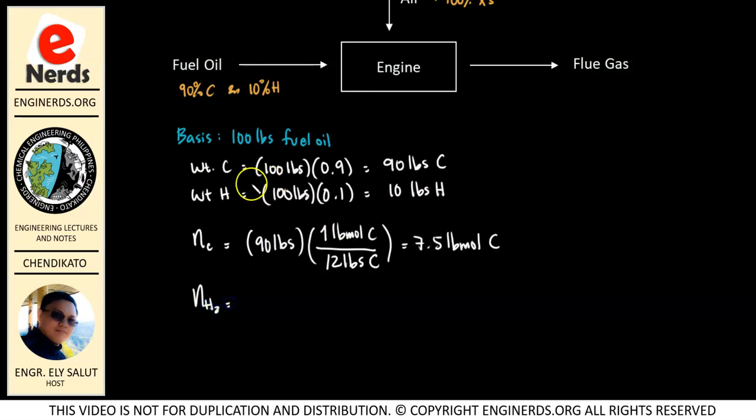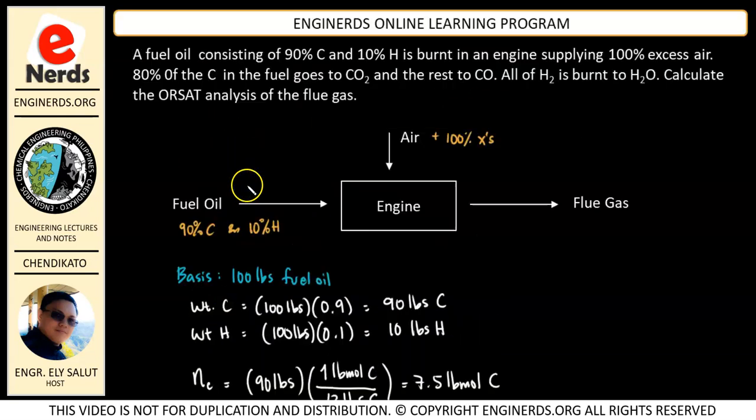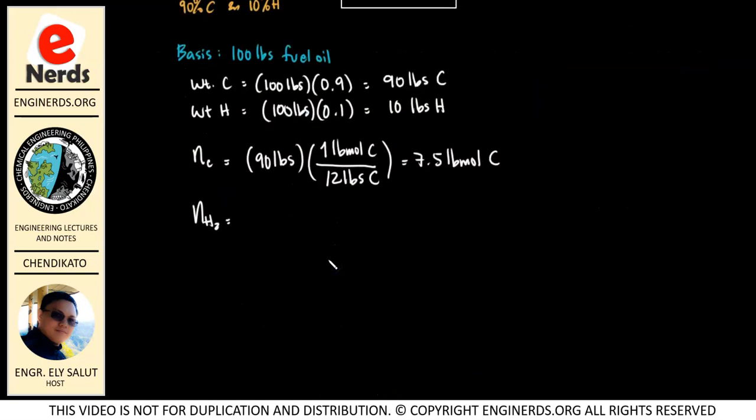Now, what is the number of moles of H2? Kasi yung mga H2 natin ang na-convert into water. Okay? So, hydrogen is diatomic, kaya kukunin natin is yung H2. So, we have 10 pounds of hydrogen divided by its molecular weight, which is 1 pound of hydrogen per 1 pound mole of hydrogen.